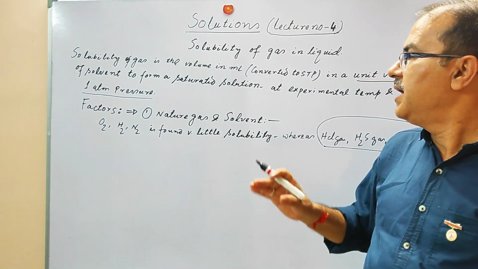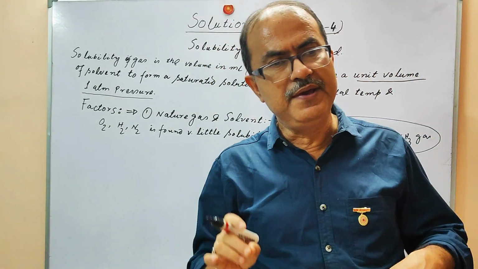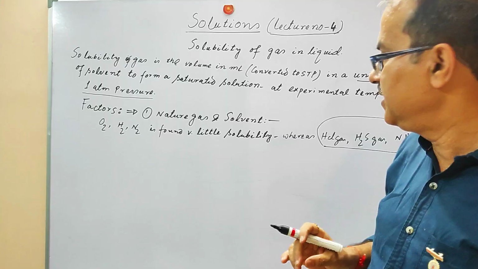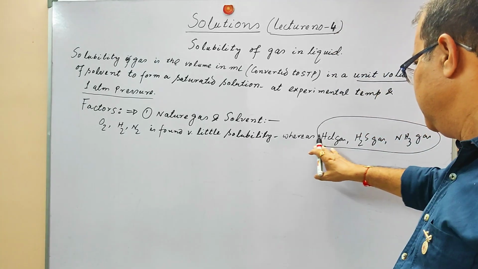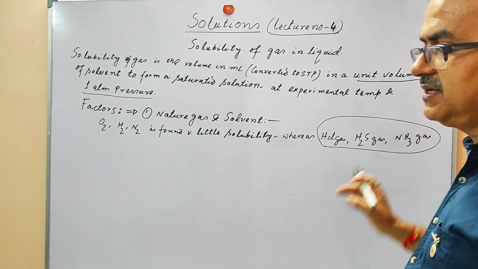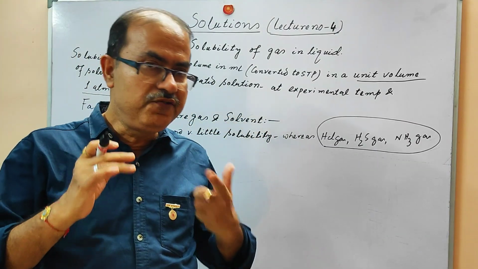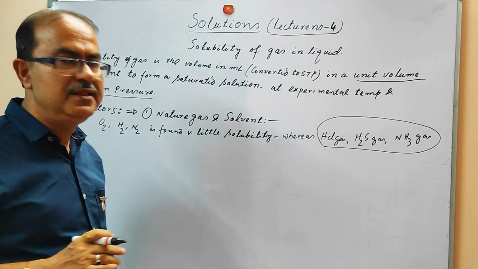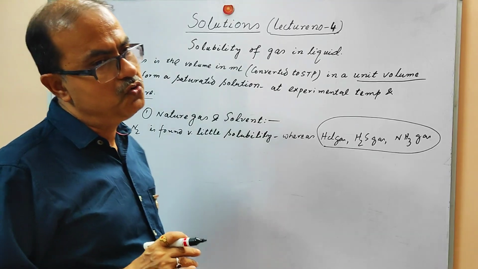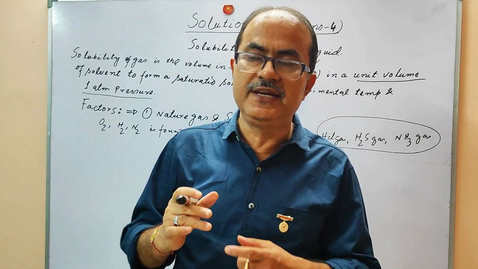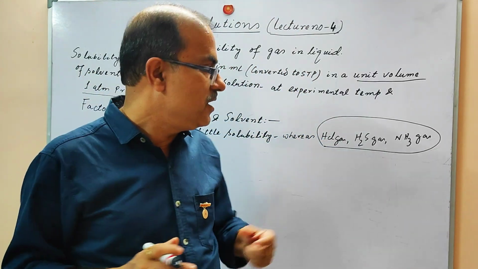Oxygen, hydrogen and nitrogen have very little solubility in water, whereas HCl, H2S and NH3 have very significant solubility in water. Why is it so? It is because of the similarity in chemical structure.